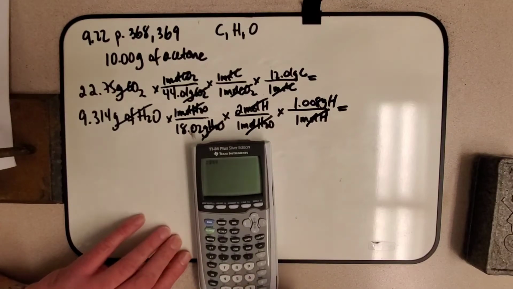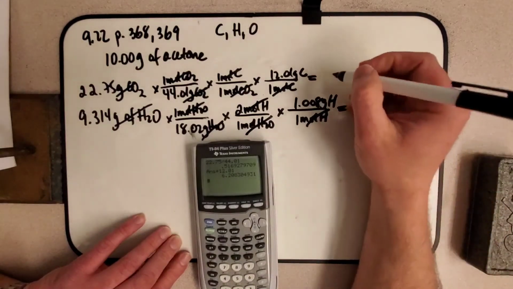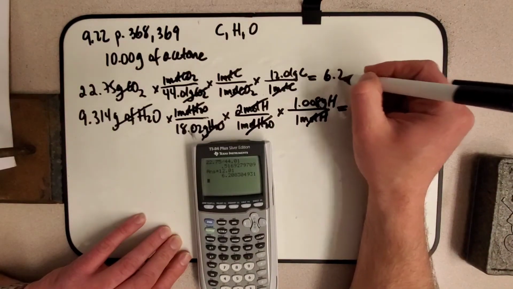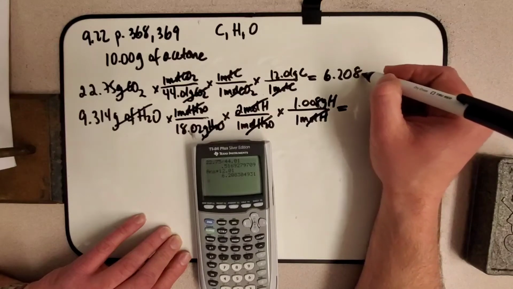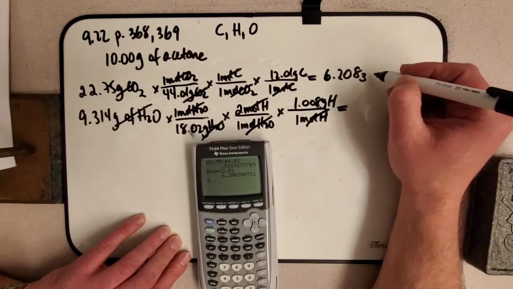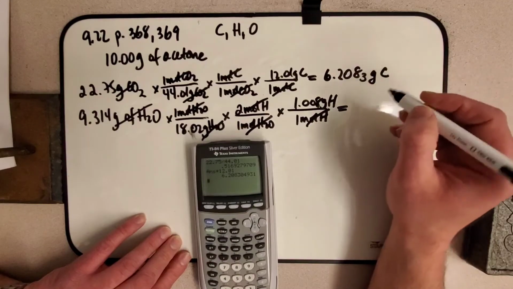So that will be 22.75 divided by 44.01, and then times 12.01. I got 4 significant figures here, so that will be 6.208, and I'm going to put a little 3 here, which is not significant, but I want to have it here, grams of carbon.